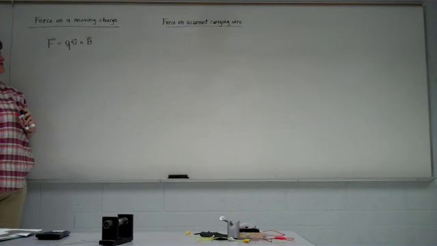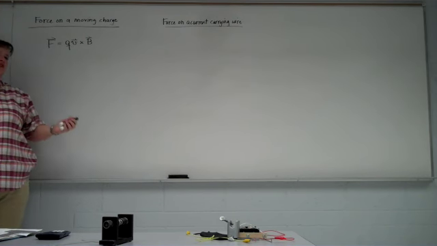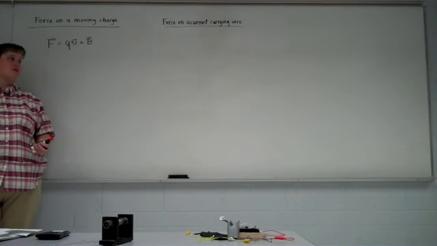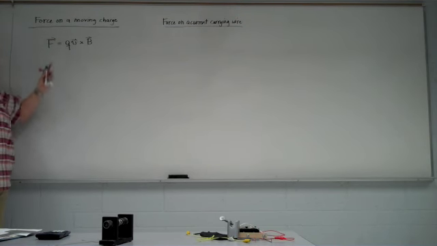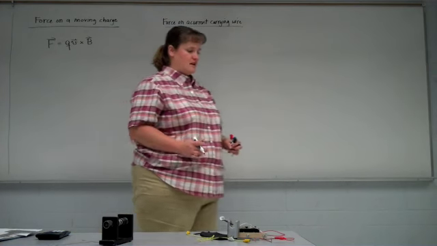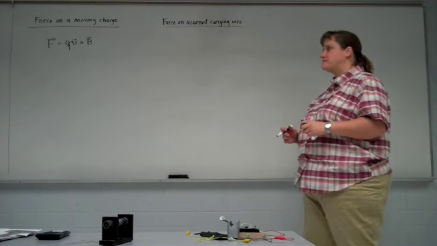That's the magnetic field that the charge is moving through. V is its velocity. The charge has to be moving in order to create its own little magnetic field. It's not going to experience a magnetic force unless it's moving. Q is the charge itself, whether it be a proton or electron or a nucleus or something like that.